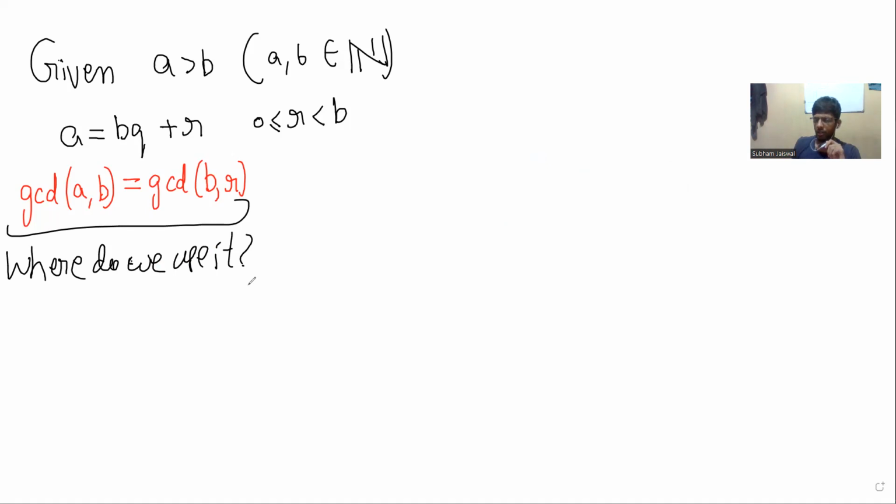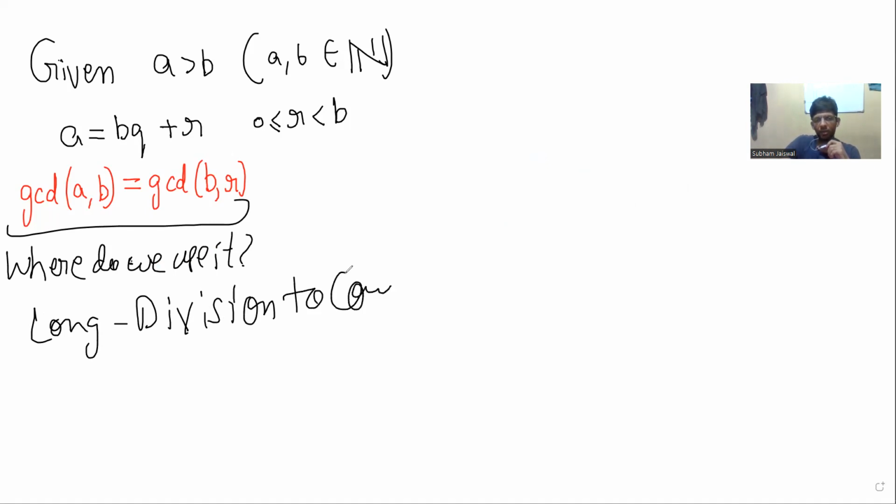Most of you, I think all of you, would have used the long division method to compute GCD, right? There is a certain long division method. You may call it different things, and it sort of goes like this.